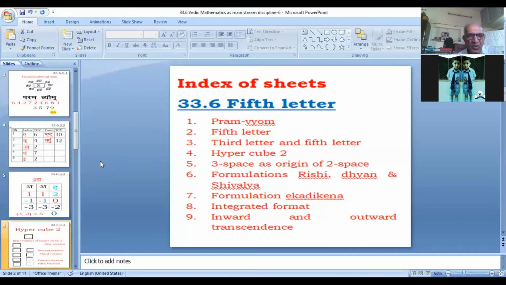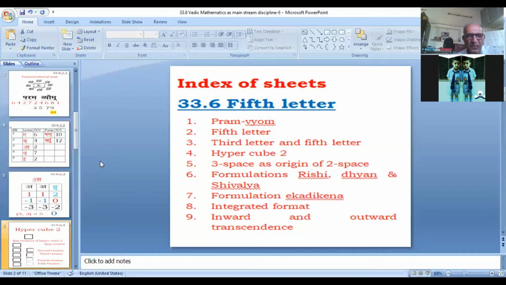Firstly, the TC value of the fifth letter is 2, and secondly, 2 as a 2-space will be leading us to 5 geometries format with 5 versions of hypercube 2 as the representative regular bodies of the 5 geometries of 2 space, and as such the fifth letter will be an extension of formatting of the mathematical domain in continuity of the previous 4 steps.